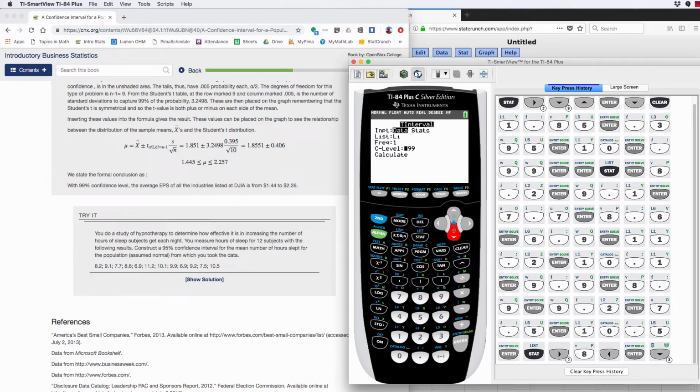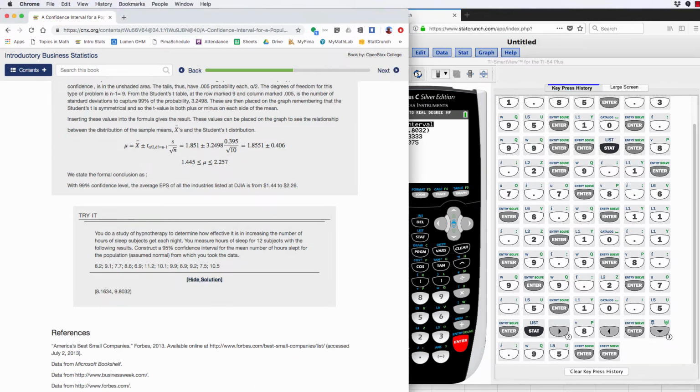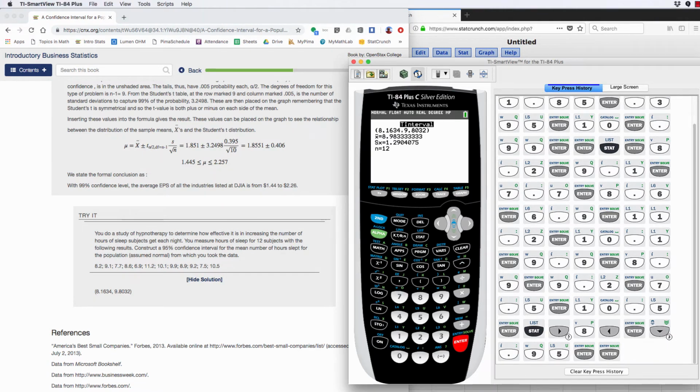And we're going to be doing a 95% confidence interval. And calculate. And we get 8.1634 and 9.8036. That's where the mean should lie. And looks like we get really close again with this one.